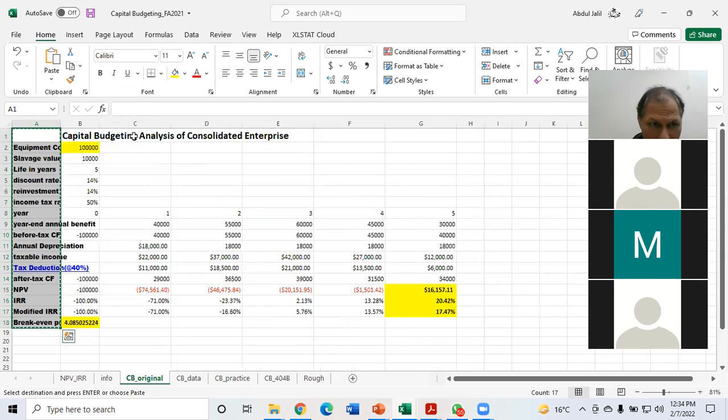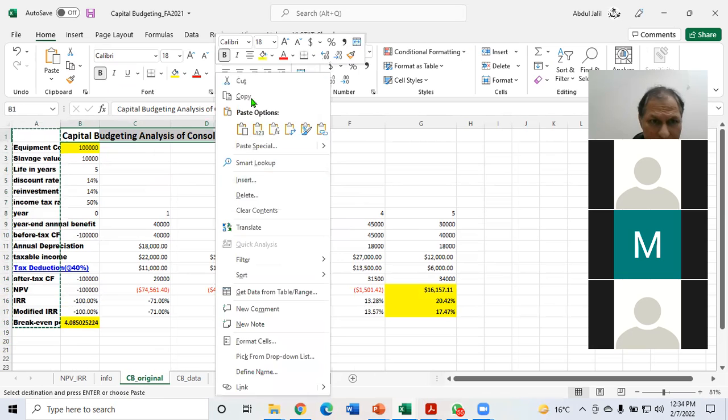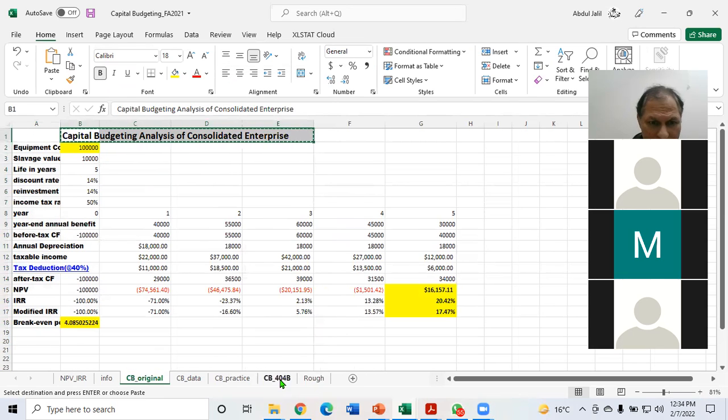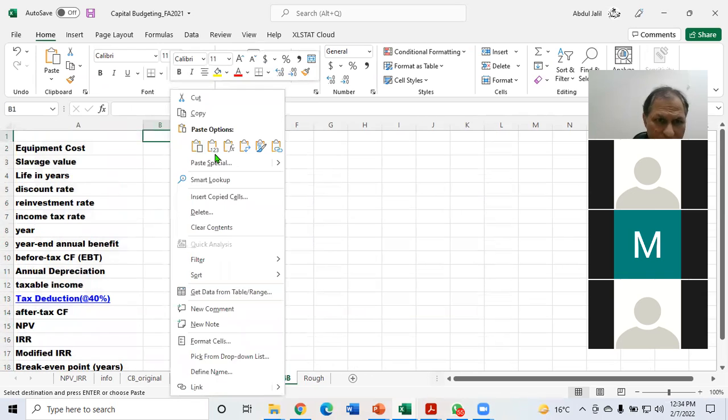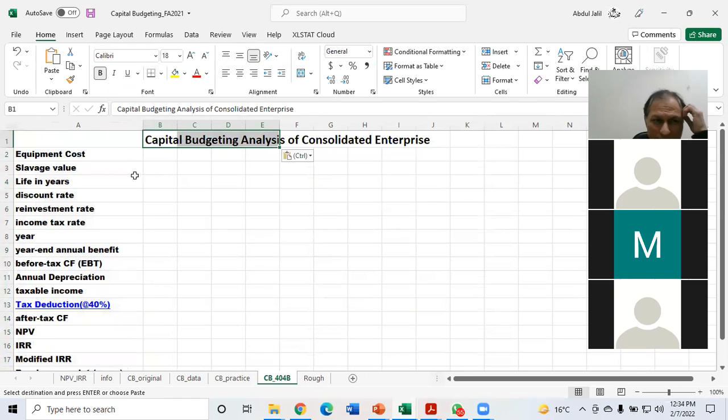Secondly, you have to copy this. Right now, this sheet is there.